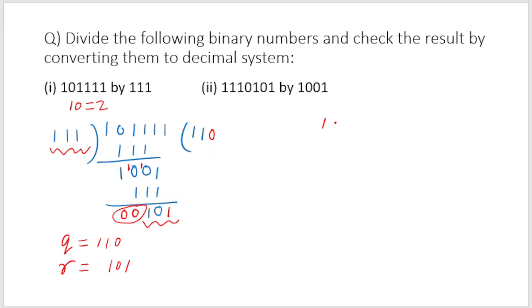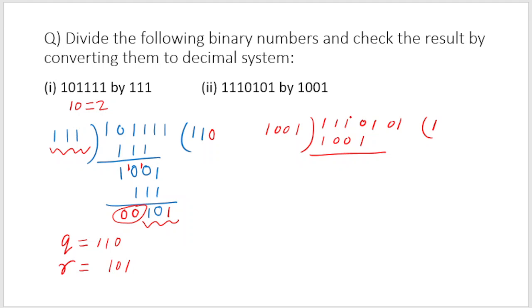So we have 1 1 1 0 1 0 1, and I have to divide it by 1 0 0 1. So clearly I can see that 1 1 1 0 is greater than 1 0 0 1, so I can take it 1 time, and I will write 1 0 0 1, right? And I have to subtract.